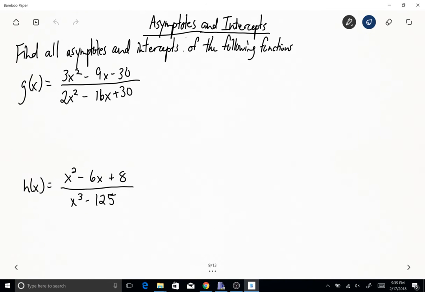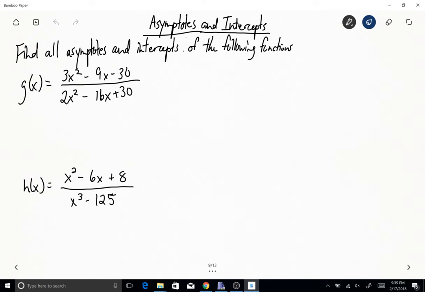Okay, so find all asymptotes and intercepts of the following functions. So let's see something that's a little bit more interesting in terms of that. We can work with asymptotes or intercepts first. If you want it on the first problem, I'll actually let you decide. What do you want to work with first, asymptotes or intercepts?